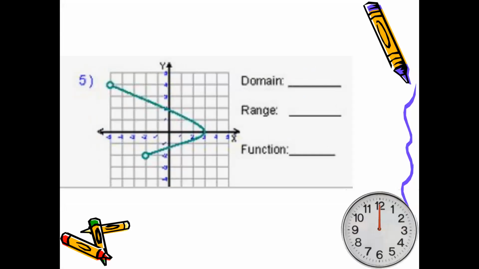Question number 5. Let's go ahead and take a look at this one. Pause the video and ask yourself, what is the domain, what is the range, and is it a function?